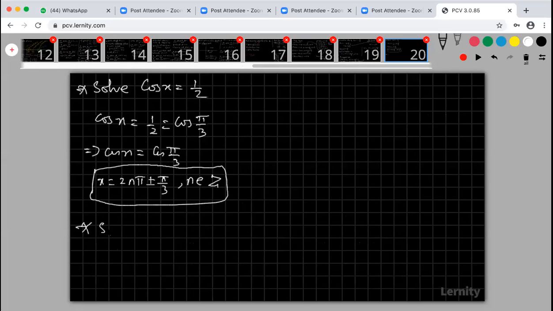So look at that, solve tan 2x equal to minus cot of x plus pi by 3. Solve tan 2x is equal to minus cot of x plus pi by 3.